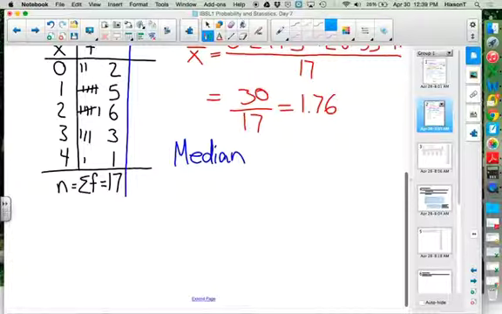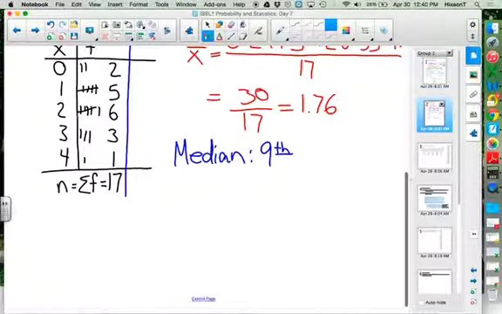Oh, there's 5 of them, so I want the third one. That's not the median. Because we don't have just 5 scores, we have 17. If you divide it by 2, we get 8.5. So the 9th one is going to be the middle score. Okay? The median is our 9th score.